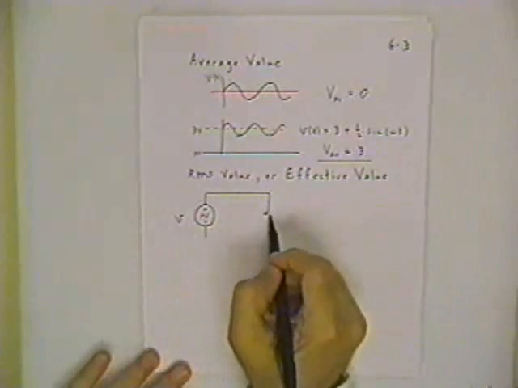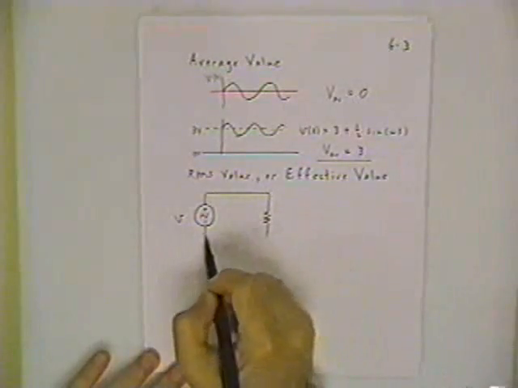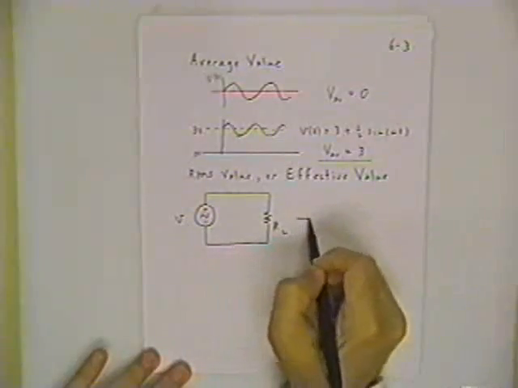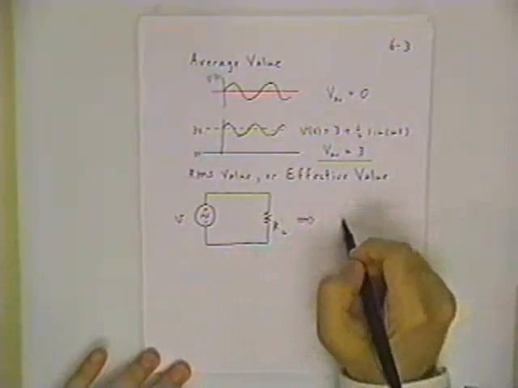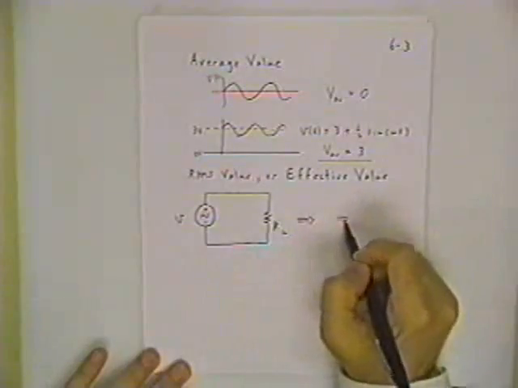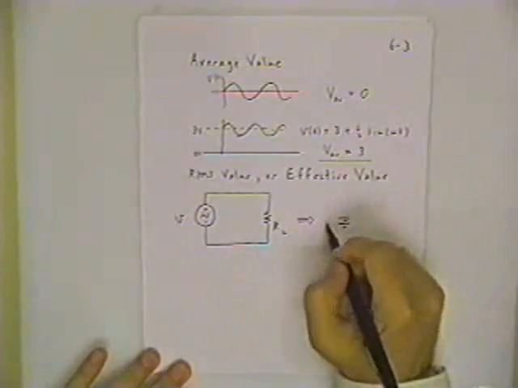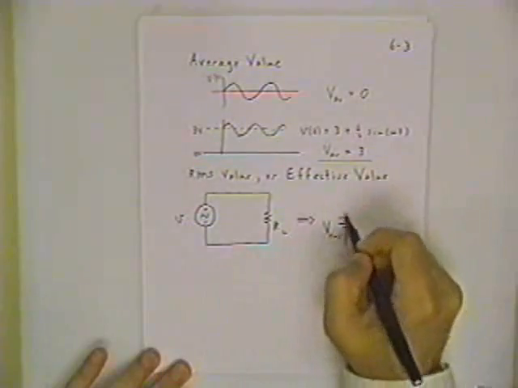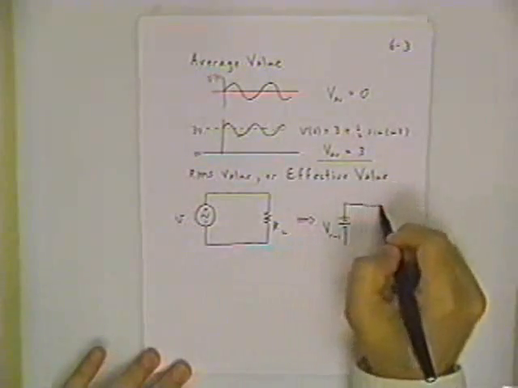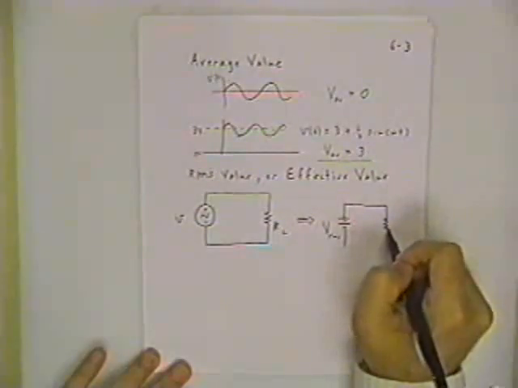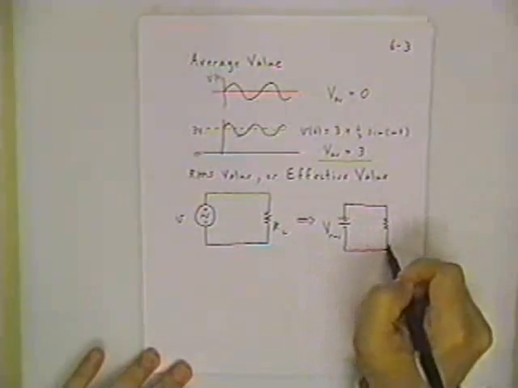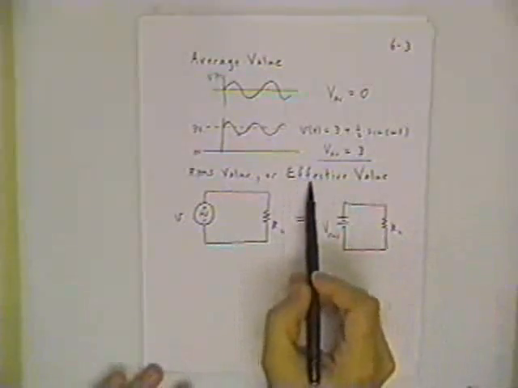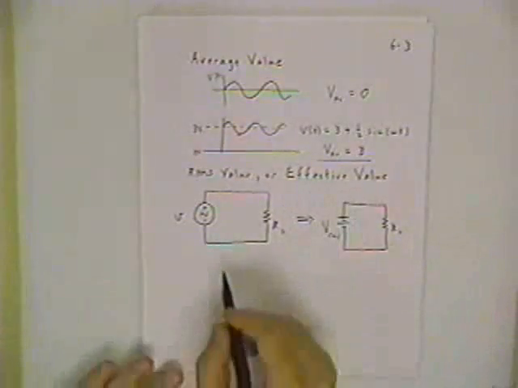And in terms of how much power is being dissipated in this load resistor, there is an effective DC, and let me emphasize that by using a battery, a DC voltage called VRMS that would have exactly the same effect on the load resistor. And the fact that it has the same effect is where this effective value comes in.